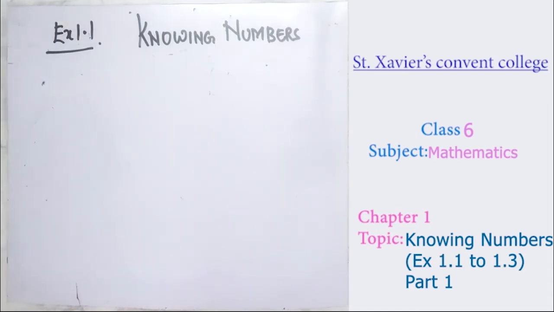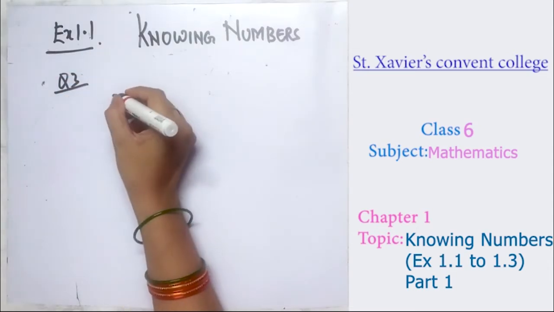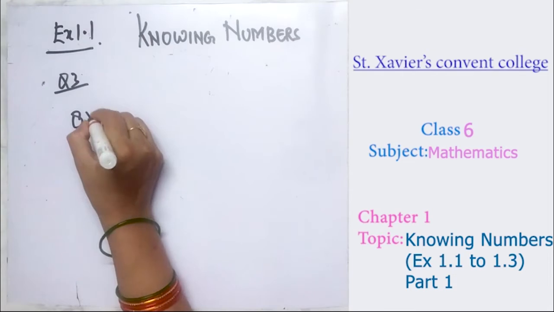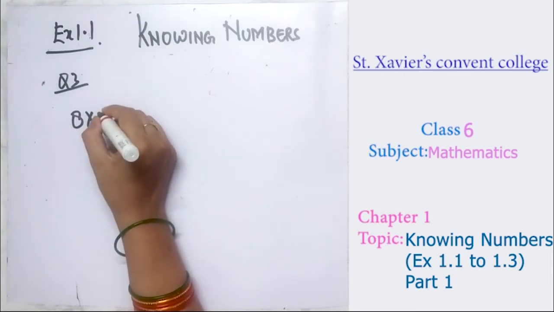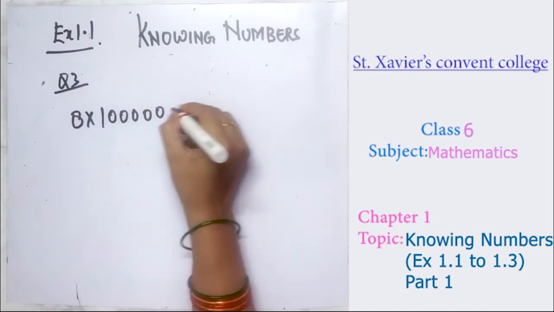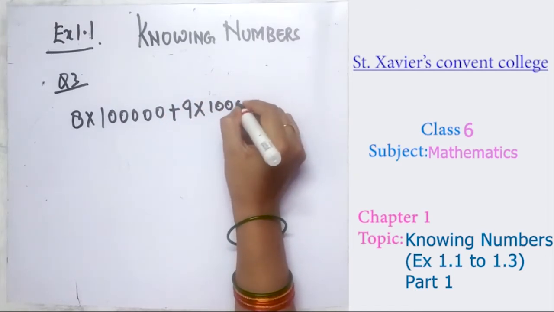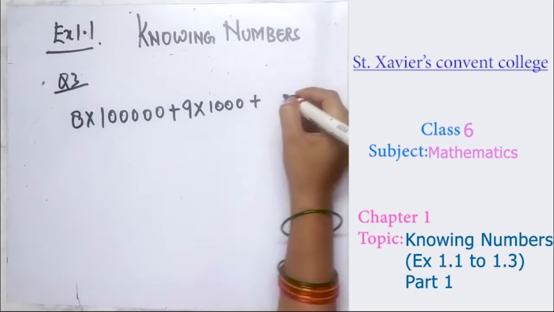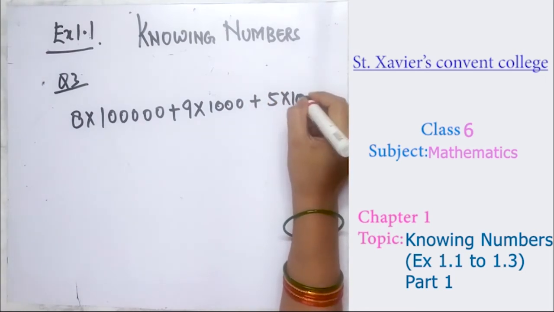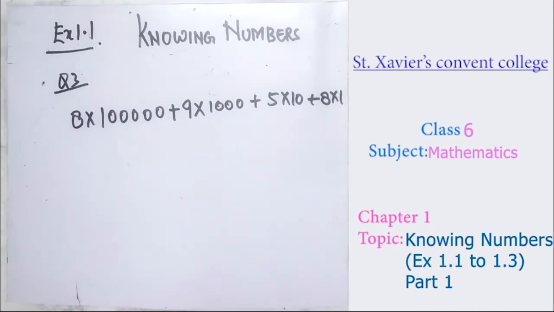Now the next question is: whenever you are given a number in the expanded form, you have to accumulate it into the number. That is question number 3. You are given a number like this: 8 into 1, 2, 3, 4, 5, that is 8 lakhs, plus 9 into 1000 plus 5 into 10 plus 8 into 1.